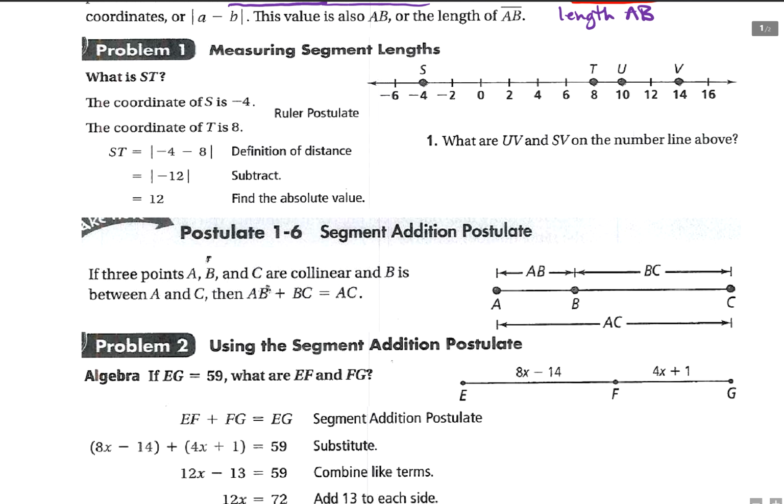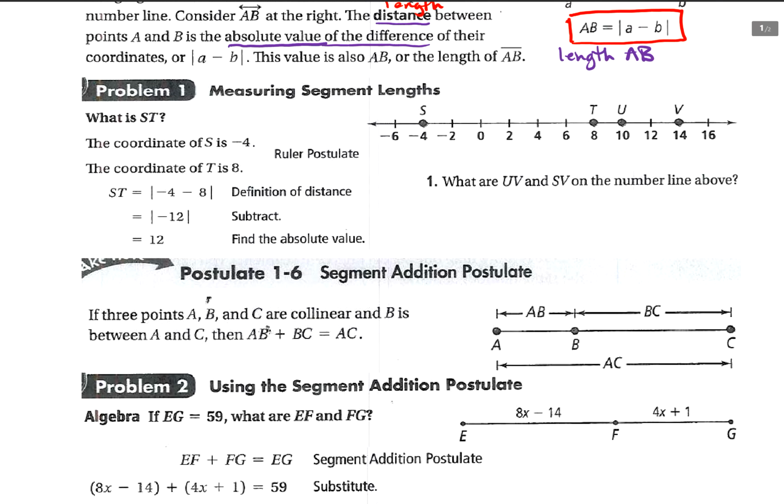Let's look at a problem. If we want to measure a segment length, this reads, what is the length of ST? The length of segment ST. So first thing I'm going to do is identify S and identify T. So the coordinate of S is -4.